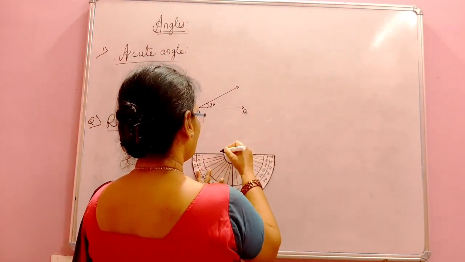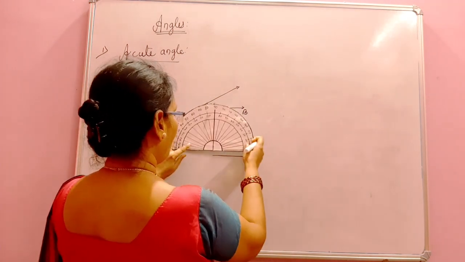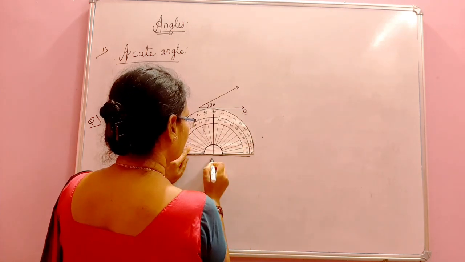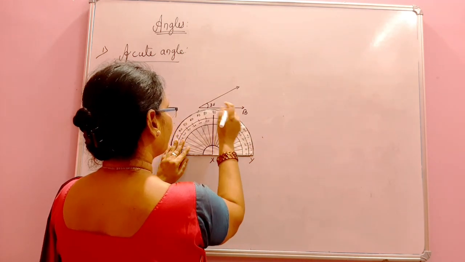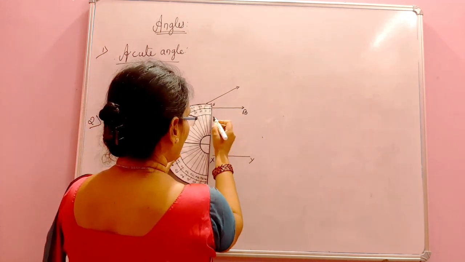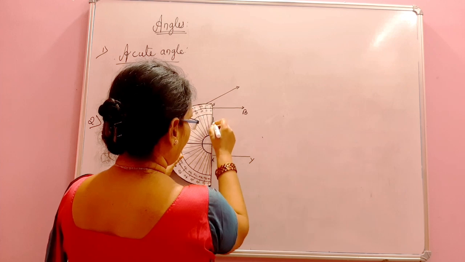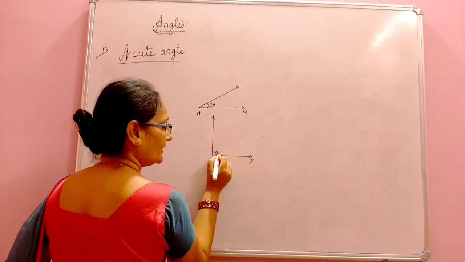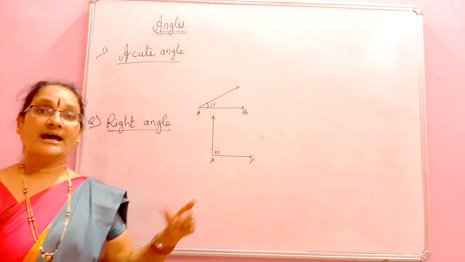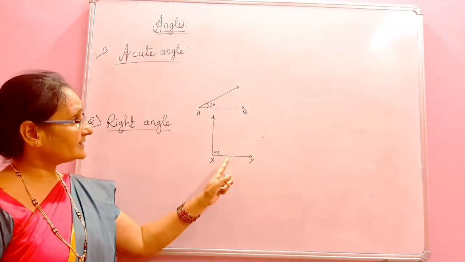Draw a line segment XY, and we want 90 degrees at this point. This is 90 degrees. If the measure of an angle is exactly 90 degrees, that is a right angle.